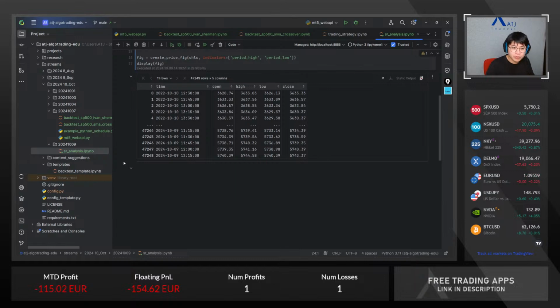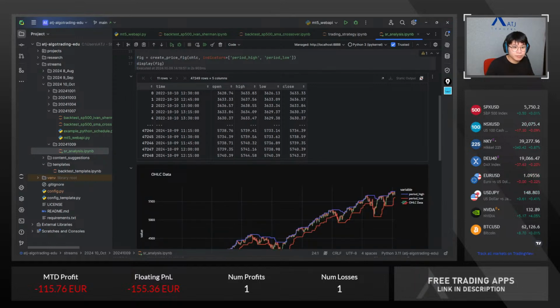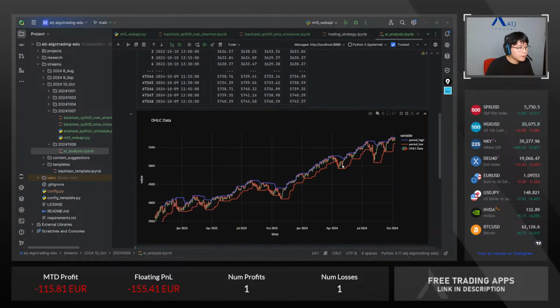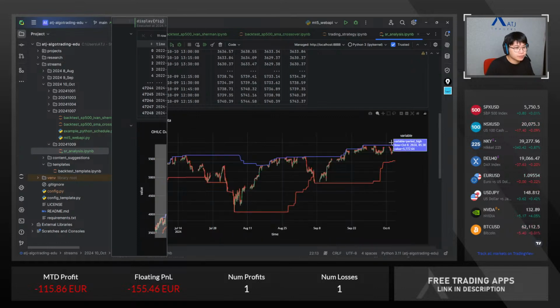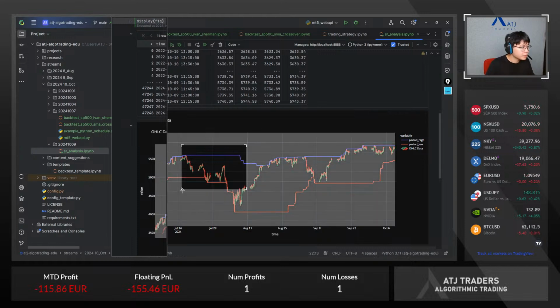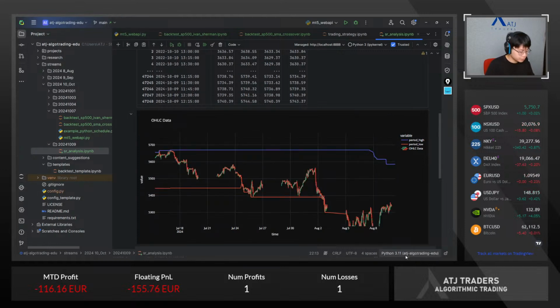Okay, and now if you look at the price figure, we can see the highs and lows for each individual period. So that is actually great, but it is nowhere close to being a support resistance.